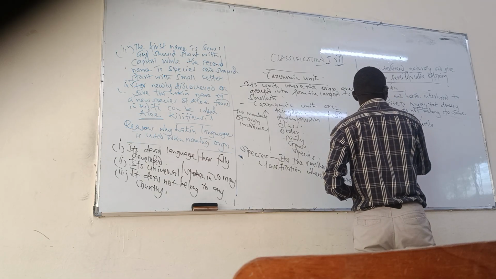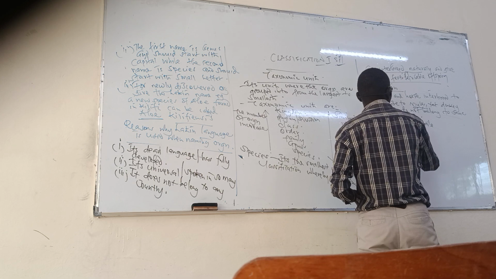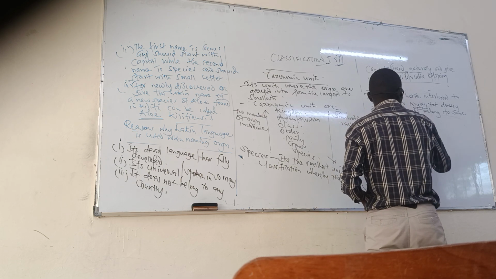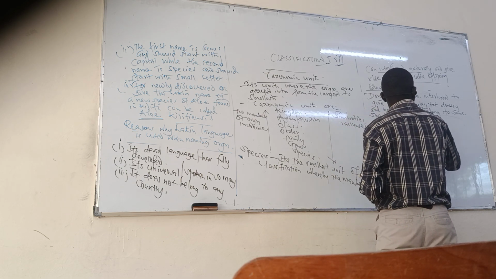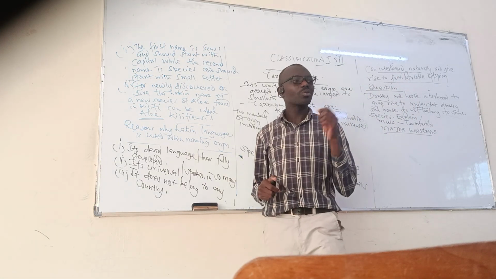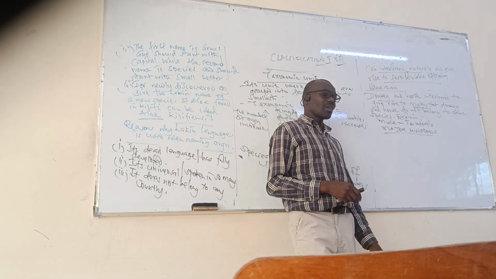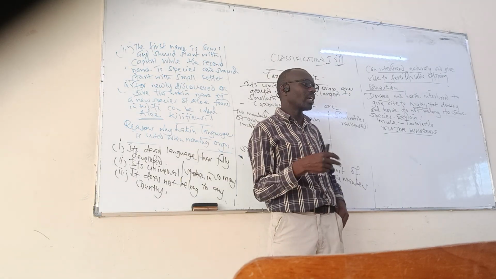Now, there are five major kingdoms. When writing the kingdom, you are supposed to start with a capital letter. Sometimes you are asked which kingdom these organisms belong to.